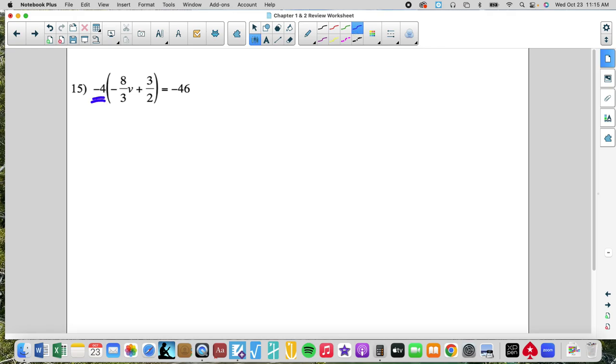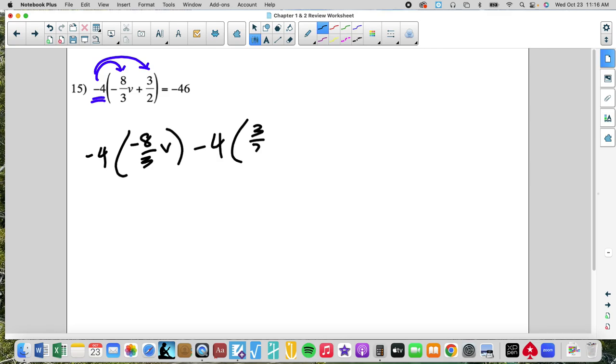I'm going to distribute this negative 4 into both of these. So what I'm doing is I have negative 4 times negative 8/3 v minus 4 times 3/2 equals negative 46.